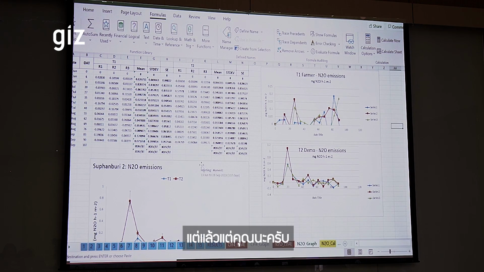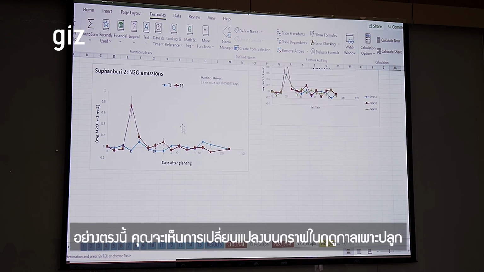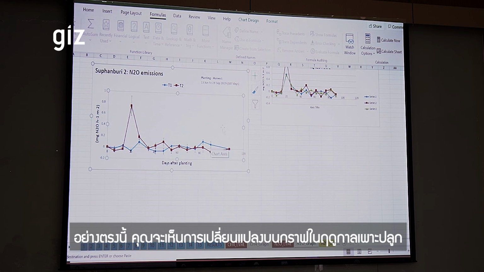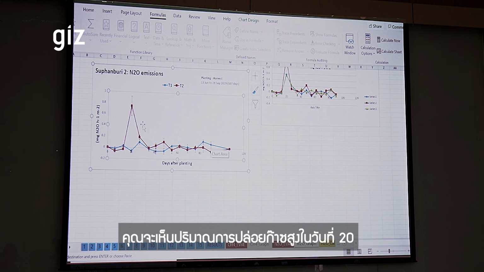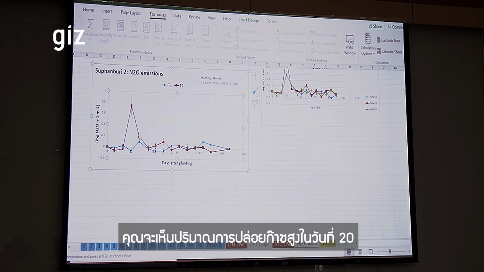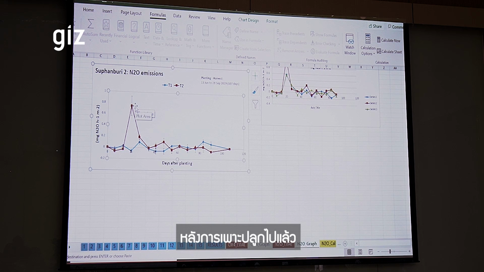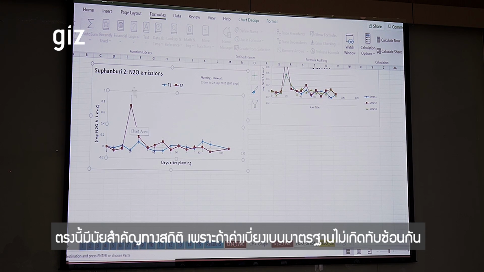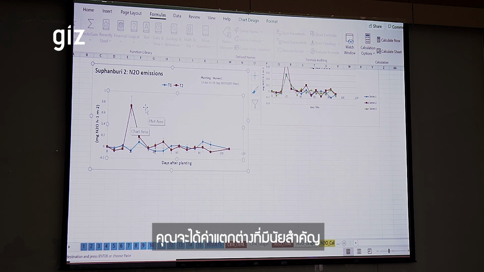This is up to you, but here also again you have the dynamics of the emissions throughout the planting season, and you can see here is a significant emission on day 20 after planting. Yeah, this is significant also because of the standard deviation. If the standard deviations don't overlap, you have a significant difference.